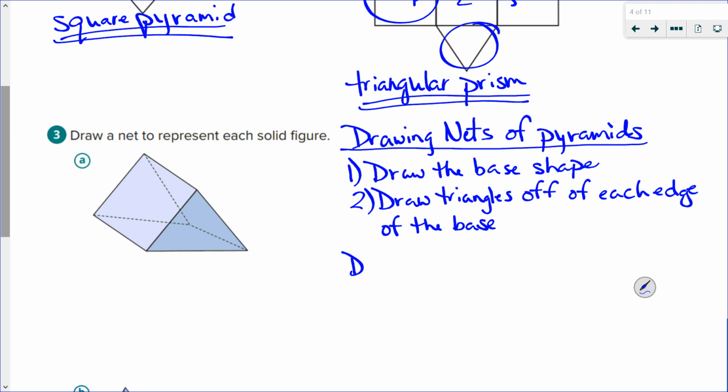To draw nets of prisms, because I'm just writing stuff down for you to copy, we'll practice it in a minute.